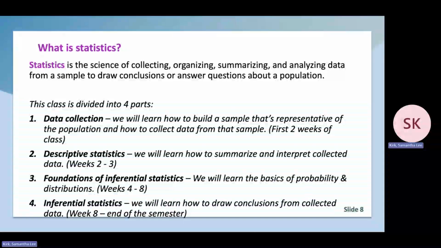And then we'll learn how to draw conclusions from data. From the sample, we'll be able to draw conclusions about the population. That's called inferential statistics, and that will be from week 8 to the end of the semester. So there's 4 parts of this class, and right now we're starting with data collection.